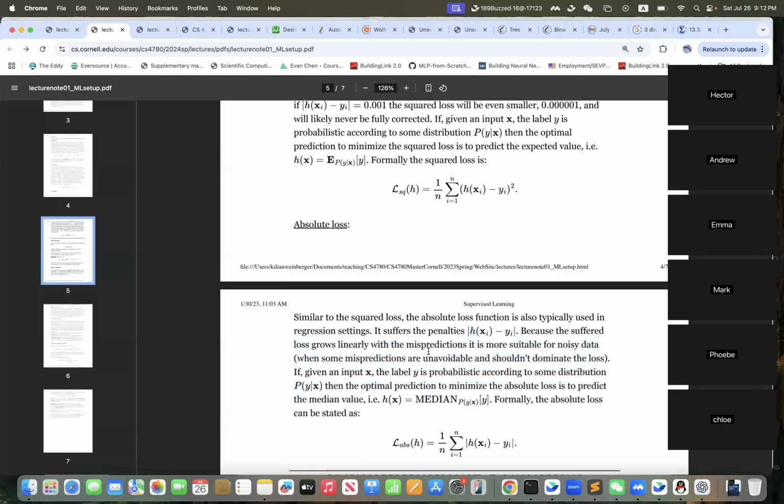So maybe Mark, can you give an example where you think mispredictions are unavoidable? Any example, like in real life, in your experience. It can be anything. Or maybe Andrew, can you give an example or any guess?